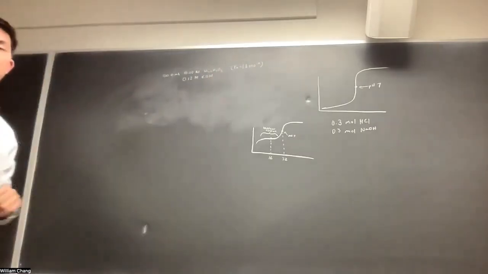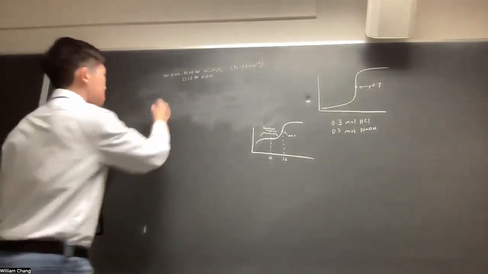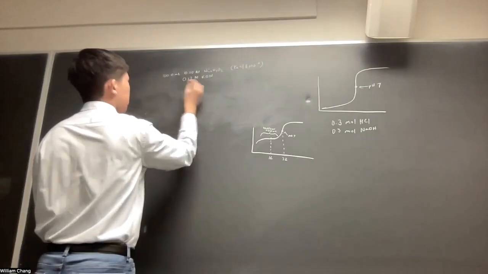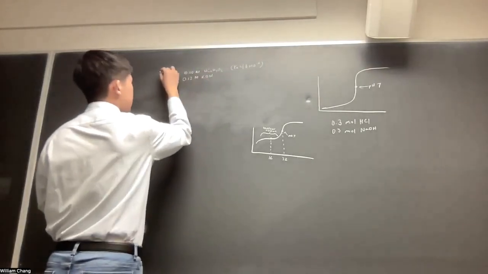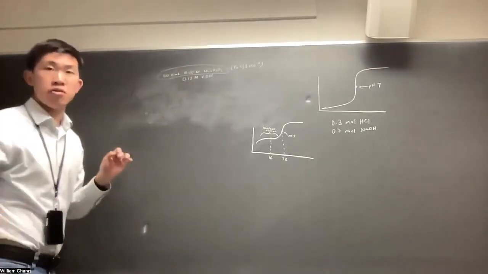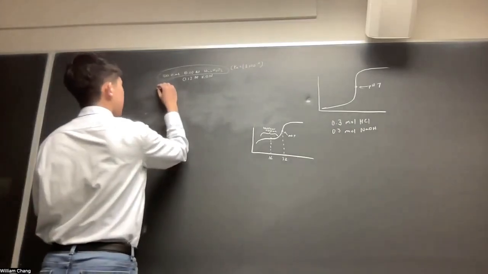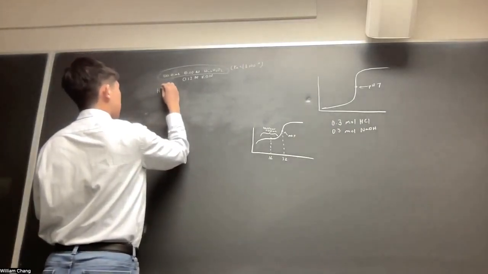Okay, so the first part of the question asks, what is the pH before KOH has been added? Well, that basically allows us to do a weak acid dissociation table on your acetic acid. So let me write out the dissociation equation.